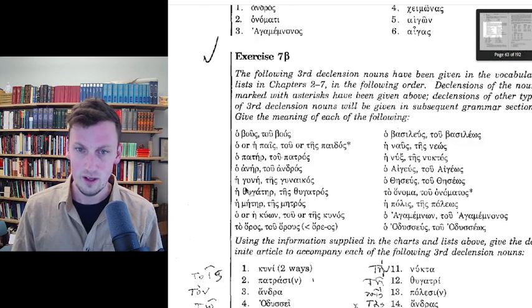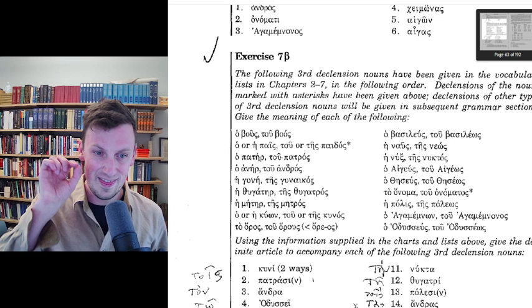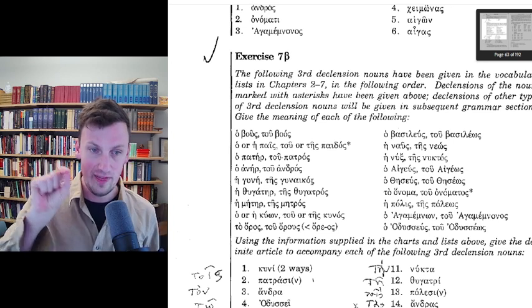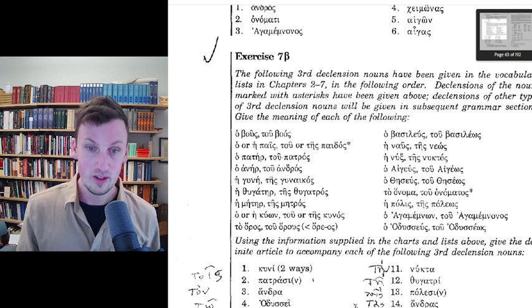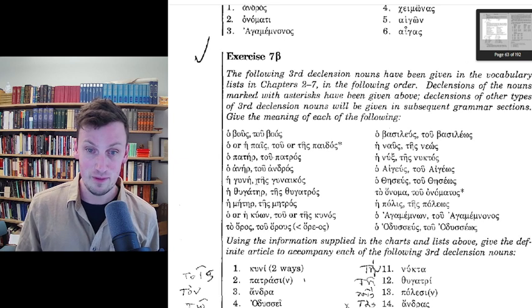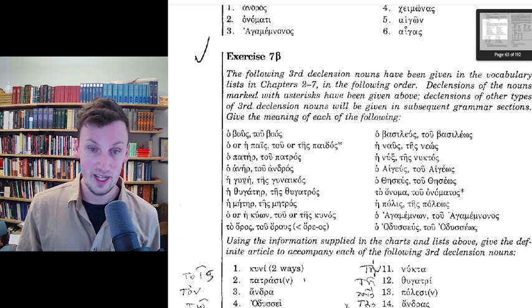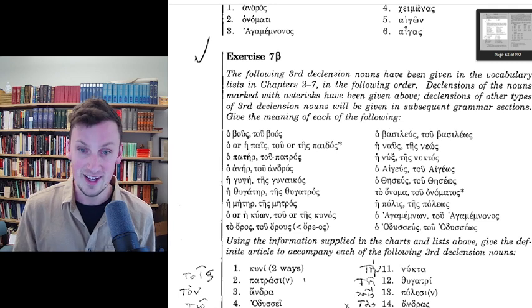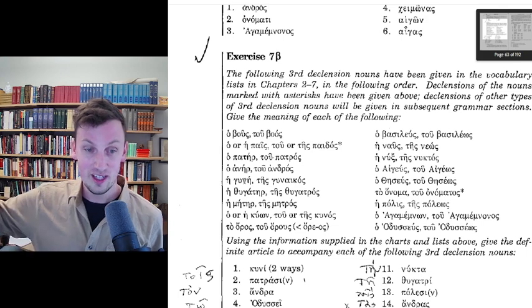No, we're not. So you need to memorize your nominative forms, and you need to memorize them with the genitives to tell you that those are third declension nouns. So hē gunē, you might be tempted to think of as a first declension feminine, but you'll see the genitive is not gunēs. It's gunaikos, which tells you I'm in third declension mode.